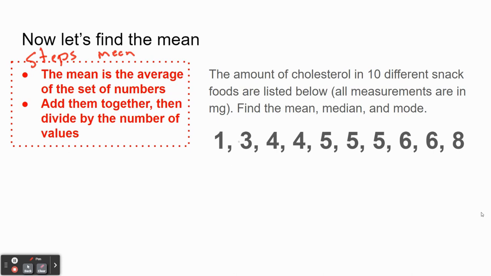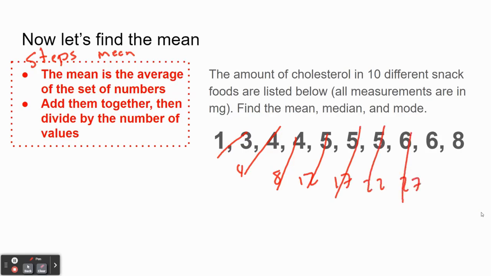We'll go 1 plus 3 is 4. Plus 4 is 8, plus 4 is 12, plus 5 is 17, 22, 27, 33, 39, and then lastly 47.